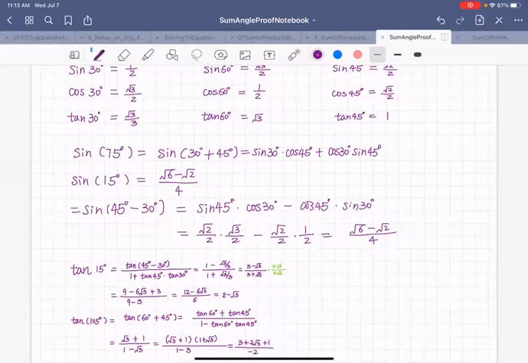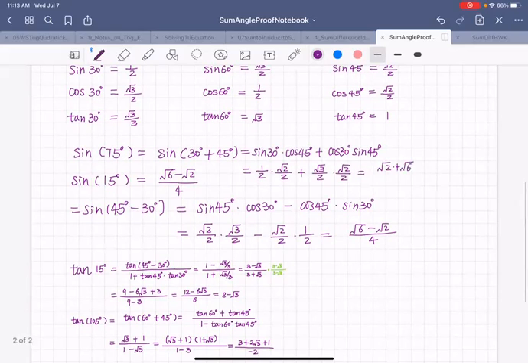This equals 1/2 times square root 2 over 2, plus square root 3 over 2 times square root 2 over 2, equals square root 2 plus square root 6 over 4. Yes, very good.